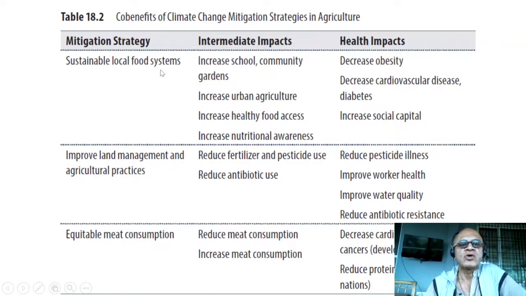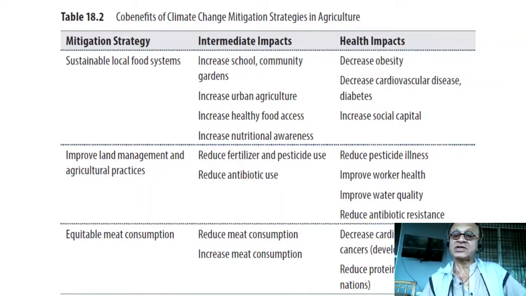Also embedded carbon that is being exported when you export agricultural products, and equitable meat consumption. So for sustainable local food systems, intermediate impacts include increased school and community gardens, increased urban agriculture. We'll look at an example when we come to the urban sector. Increased healthy food access, increased nutritional awareness. We've talked about health relation to nutrition and food utilization, so sustainable local food systems can help that as well.